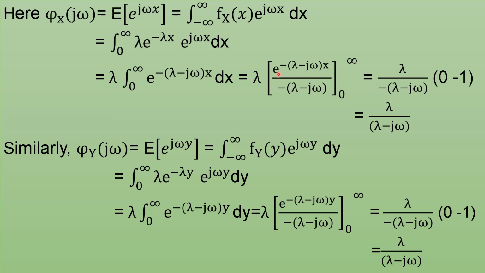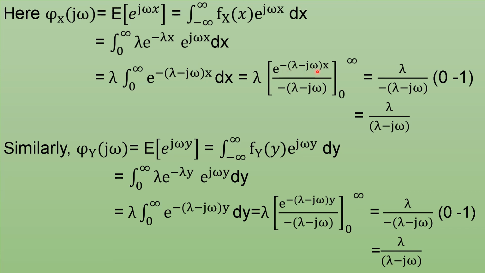Now putting x as infinity, e power minus infinity will be 0, so the whole bracket is 0. Minus, putting x as 0, e power 0 is 1. So lambda divided by this denominator, minus of lambda minus j omega kept outside the bracket.